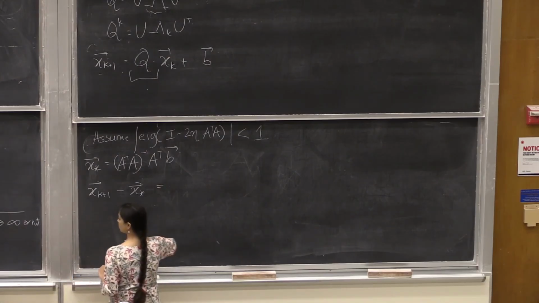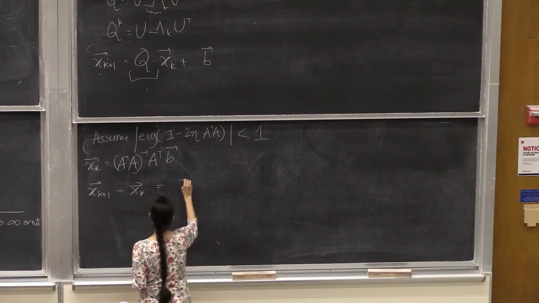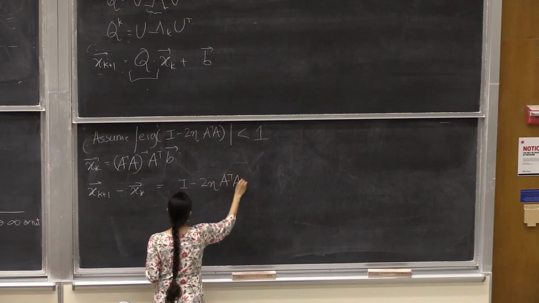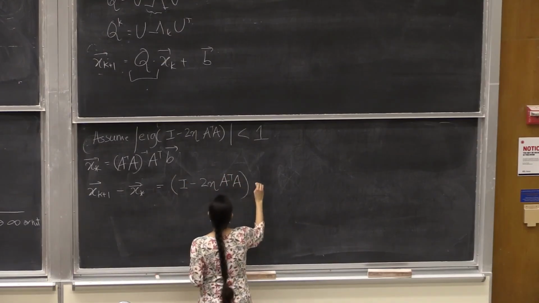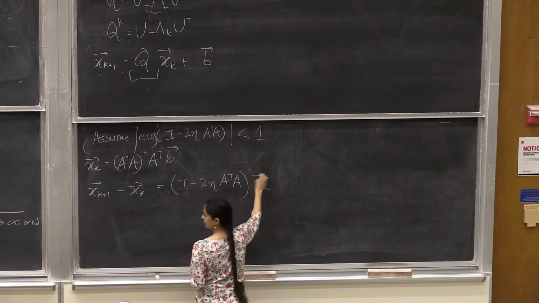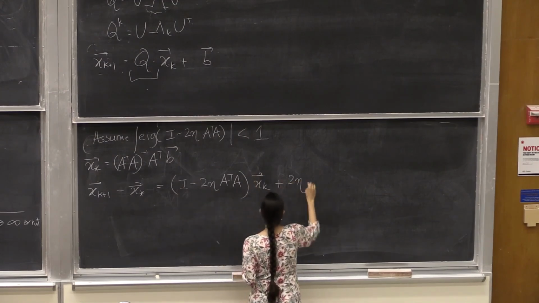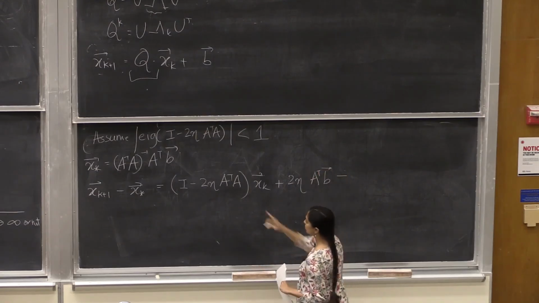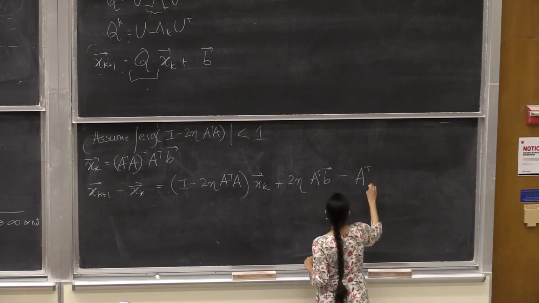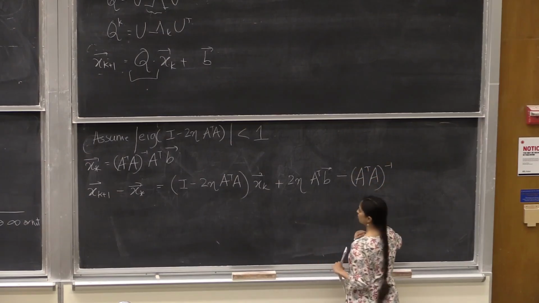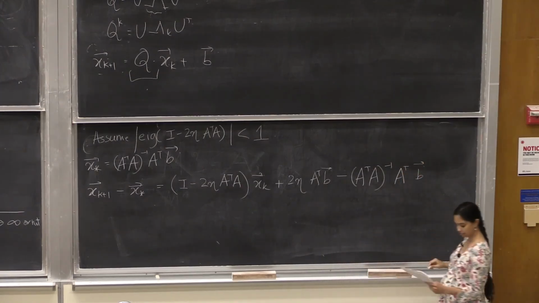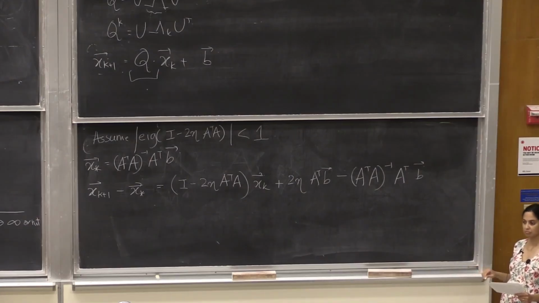Well, this thing is equal to identity minus 2 eta A transpose A times x k, plus 2 eta A transpose B, minus A transpose A inverse A transpose B, right? Everyone with me? Okay.